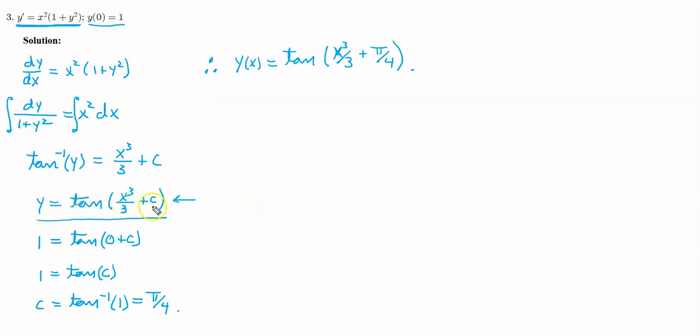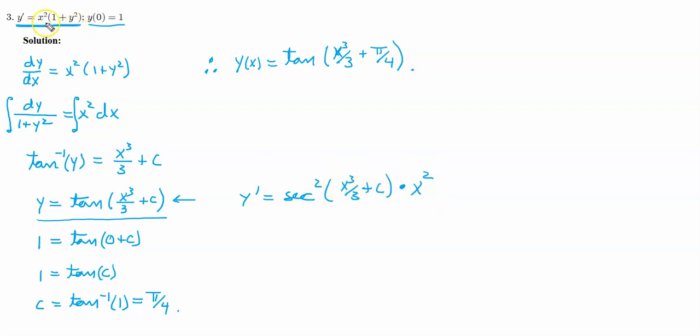If we take the derivative of this, remember the derivative of tangent is secant squared. And then we have to use the chain rule, so we multiply this by the derivative of the inside, which is going to be x squared.